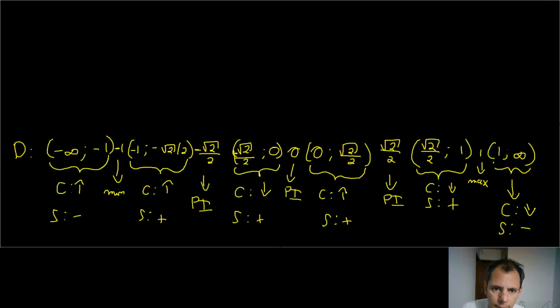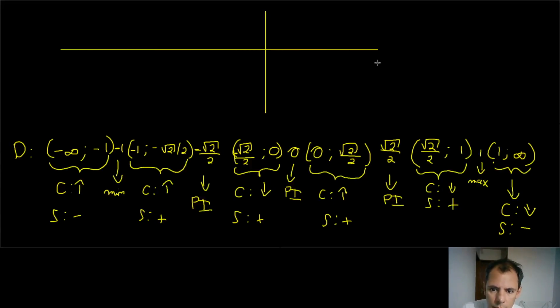Now let's see. This is messed up. So what are the critical points? -1. So I'm going to put -1 here. This is -1. Yeah, -1.